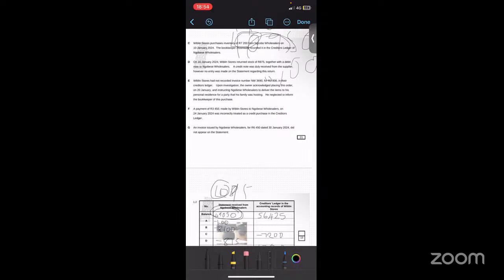And what are we going to hit? We're going to F. F says a payment of 3,450 made by Webbling Stores to Ngombese Wholesalers on the 24th January was incorrectly treated as a credit purchase in the creditors ledger.